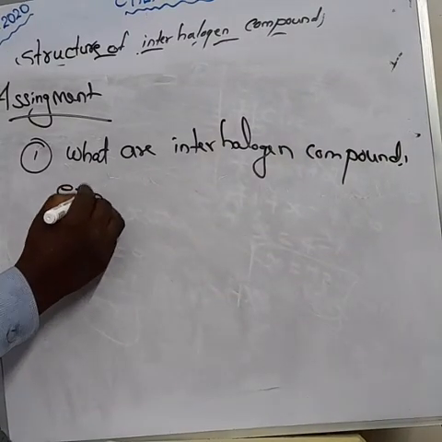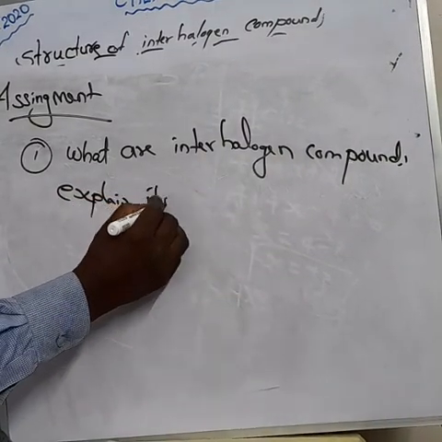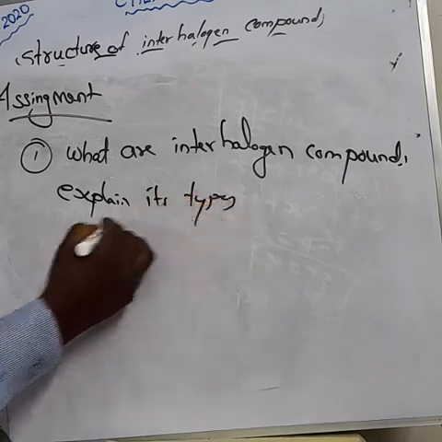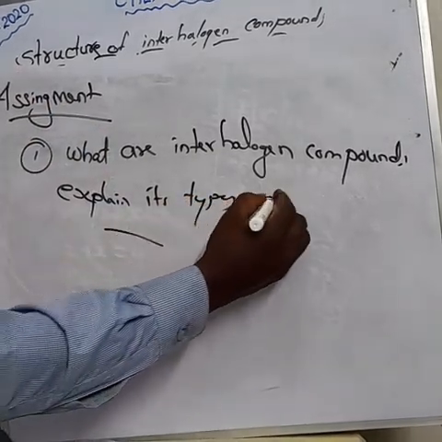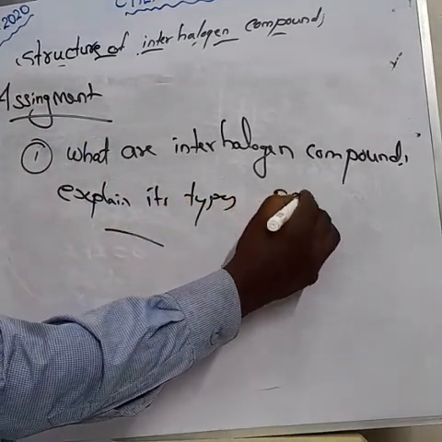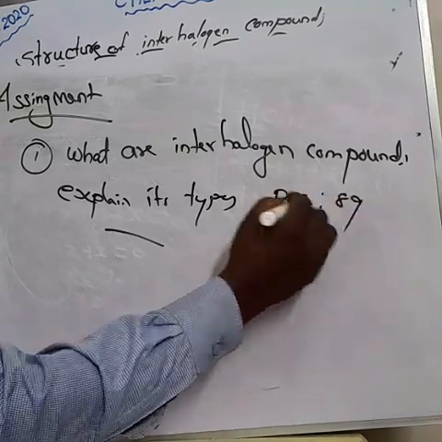Explain its types. Write it in a few small answers. I think the page number is 89, am I right? Page number 89.